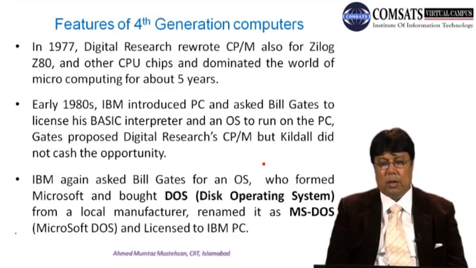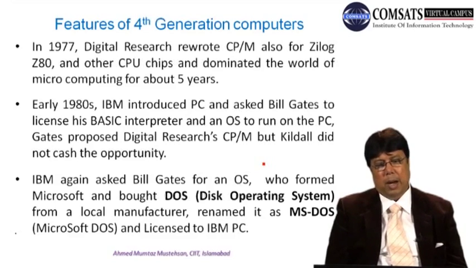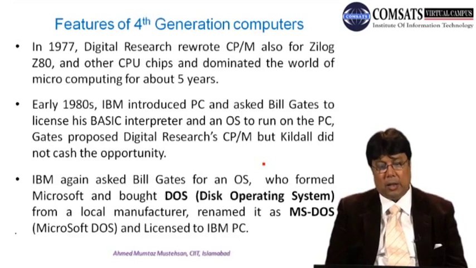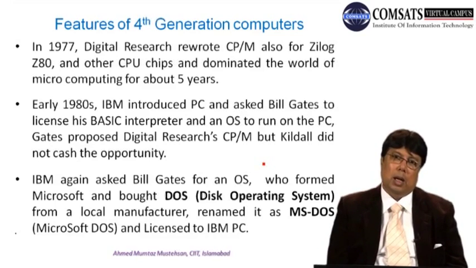So IBM tried to contact Digital Research Corporation, but this was the time that Kildall made a big blunder, a mistake which was cashed in on by Gates. He did not respond to IBM with a license for IBM machines.